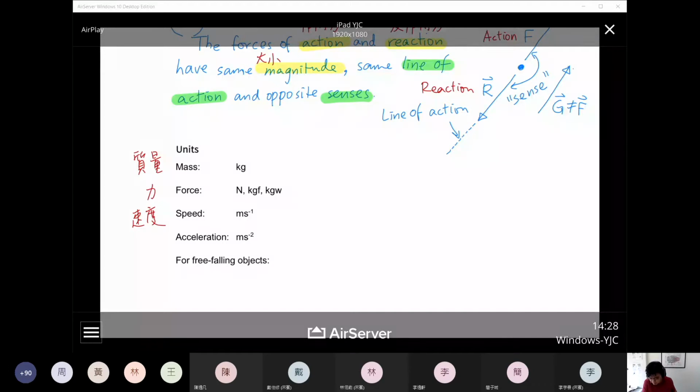In high school, force is expressed either in Newton or kilogram force.